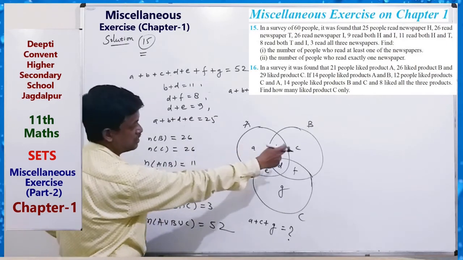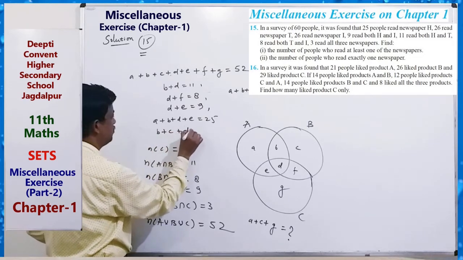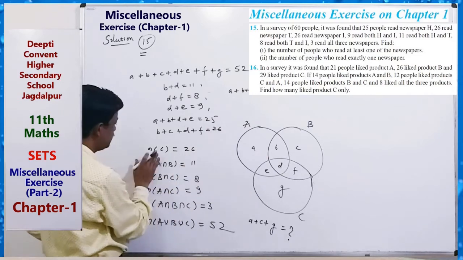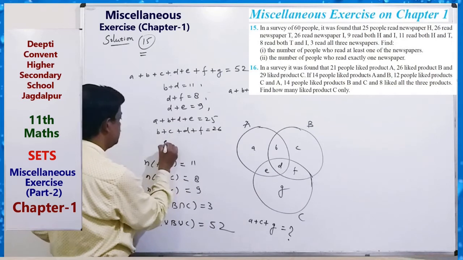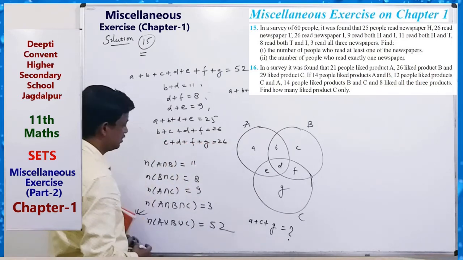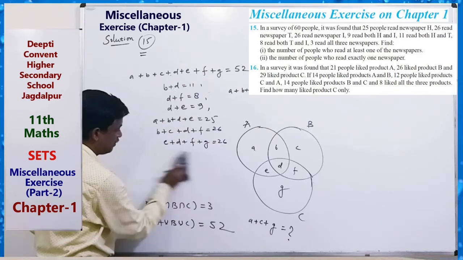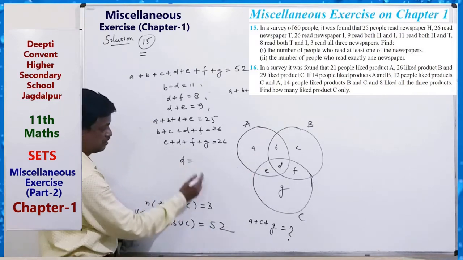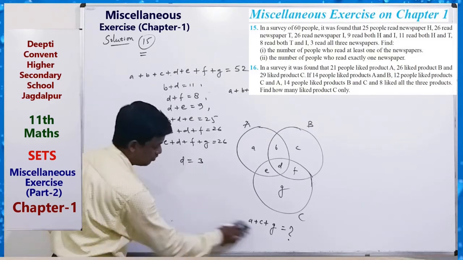B means B, C, D, F: B plus C plus D plus F equals 26. Similarly C means E, D, F, G: E plus D plus F plus G equals 26. D equals 3, the intersection of all three. And A, B and C all together are 52.